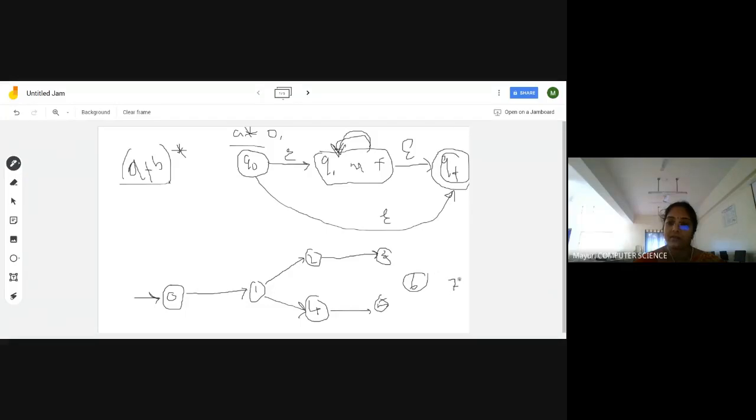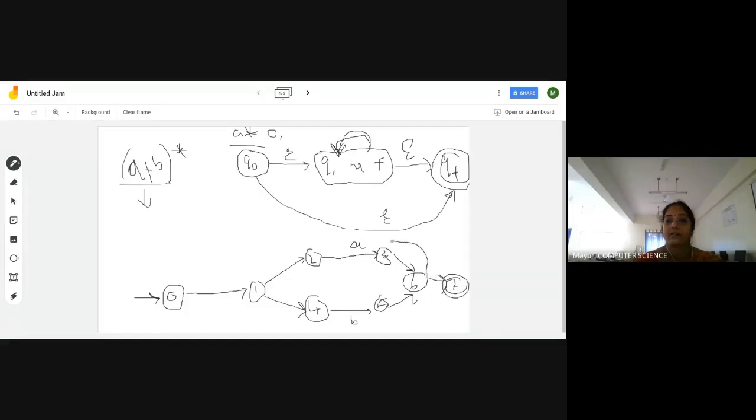So 7 is your final state. Even here, what is A plus B? I'm just constructing for A plus B star. So this is A or this is B. This is A, just A plus B.